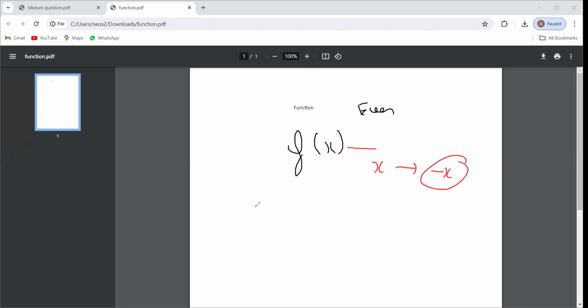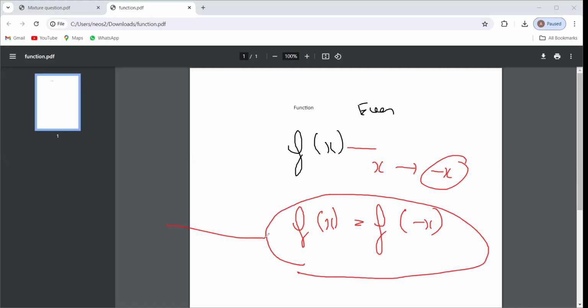If both functions are equal, for example f of x is equal to f of minus x, when we substitute minus x instead of x and both come out equal, when it is x that is the same, when it is minus x that is also the same, if both are equal, we call it an even function.